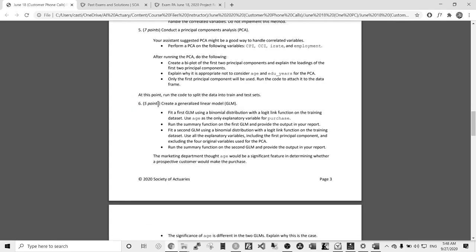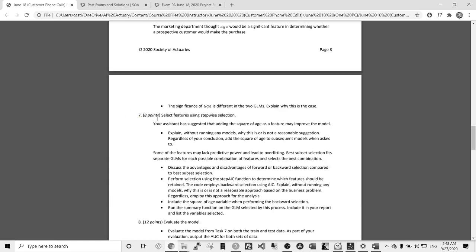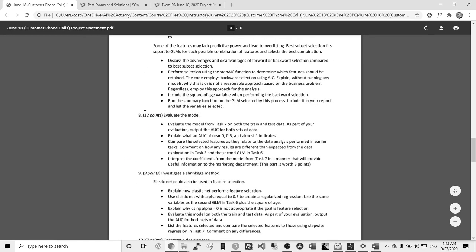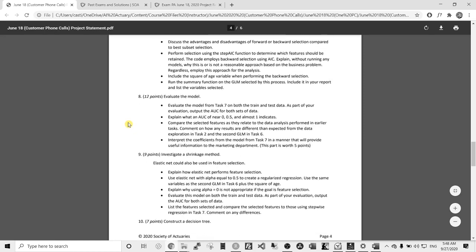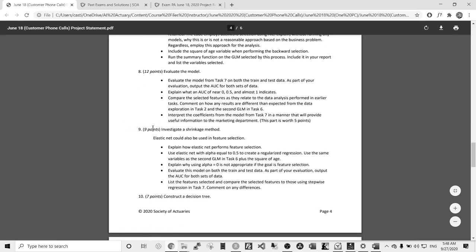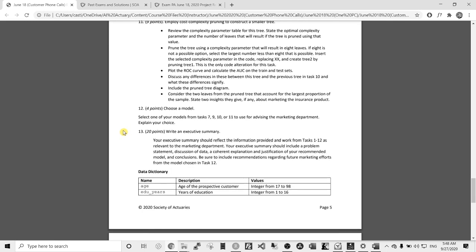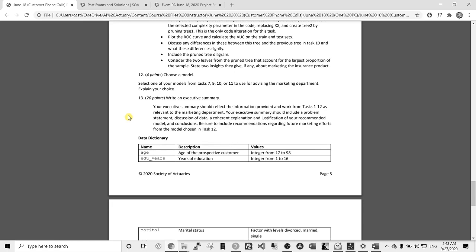And then we get into the modeling, 5 points on the GLM, 8 points just on selecting features. That implies that there's probably some complex features in this. 12 points on evaluate the model, 9 points on investigate a shrinkage method, and then 9 points on cost complexity pruning, and 4 points on choose a model, and then 20 points on the executive summary.